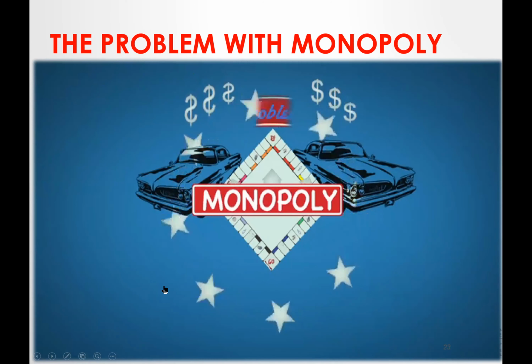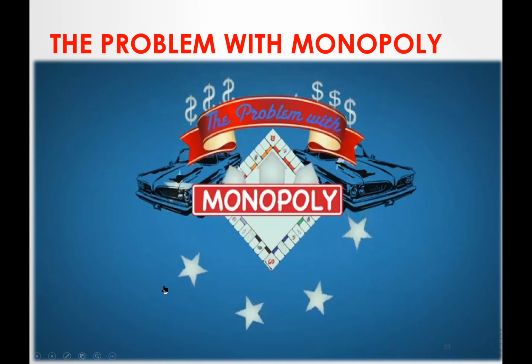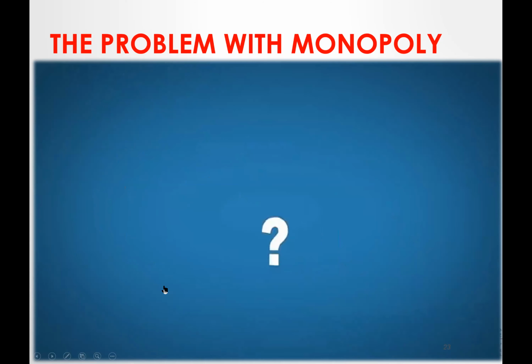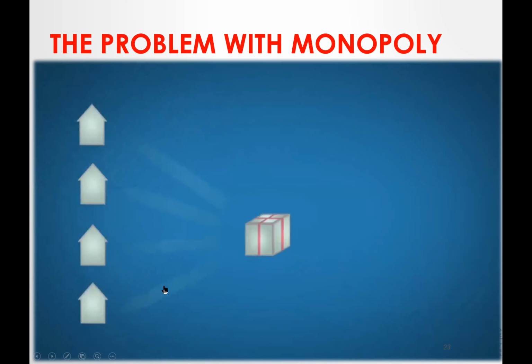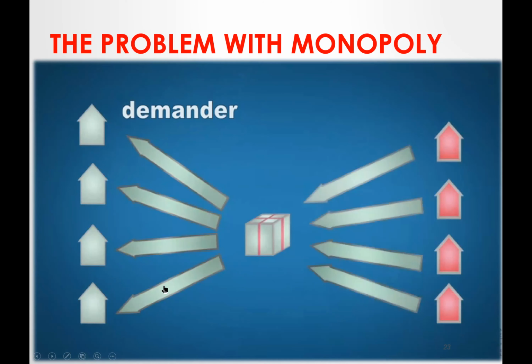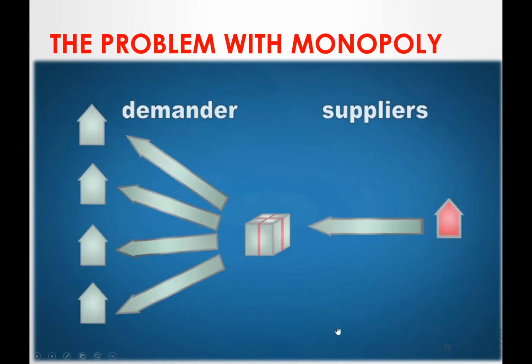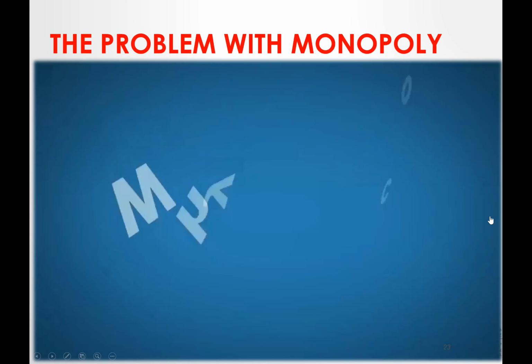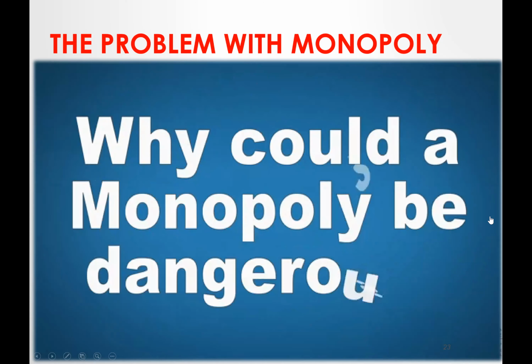Problem with monopoly. What is a monopoly? On an efficient market, there are many people that buy a special good, commonly known as the demanders. On the other side, there are many institutions that sell this special good, which are called the suppliers. But if there's only one supplier, we talk about a monopoly. Why could a monopoly be dangerous?